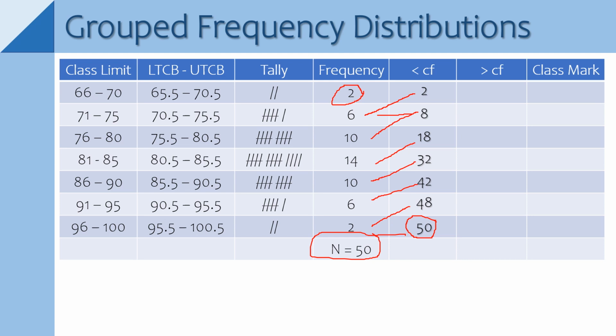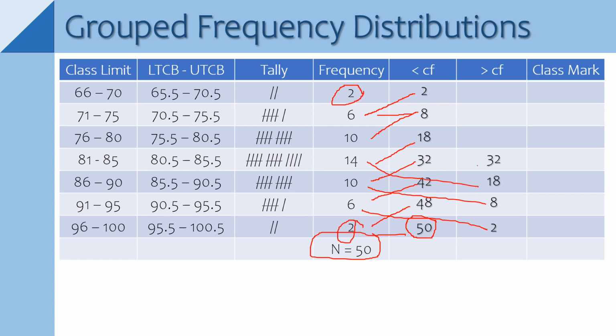Okay, paano naman dito sa greater than cumulative frequency? Okay, so mag-start tayo dito sa baba. Kopyahin natin si 2. Okay, we have 2 plus 6. So that is 8. 8 plus 10. So that is 18. 18 plus 14.